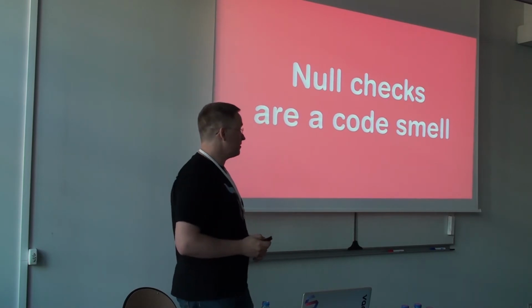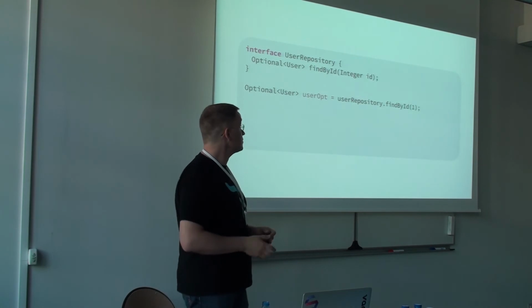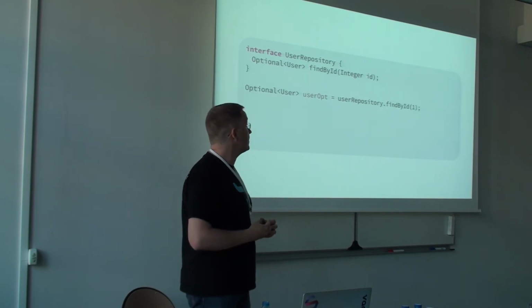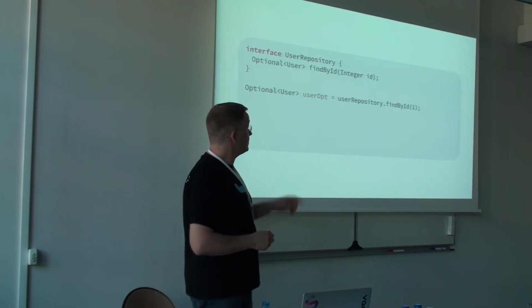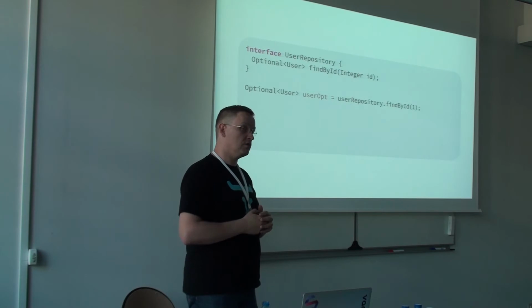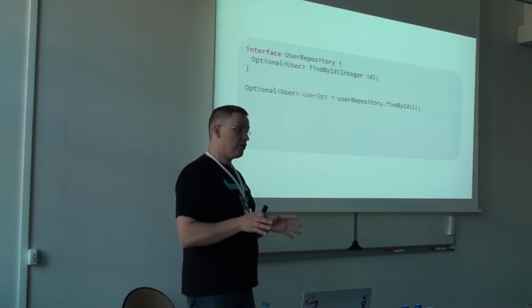The technique that Java 8 gives us is called Optional. Here is again some kind of fictional example of a method that gets users by ID, and instead of just returning user, we are returning Optional of user. This means that we will never return null.